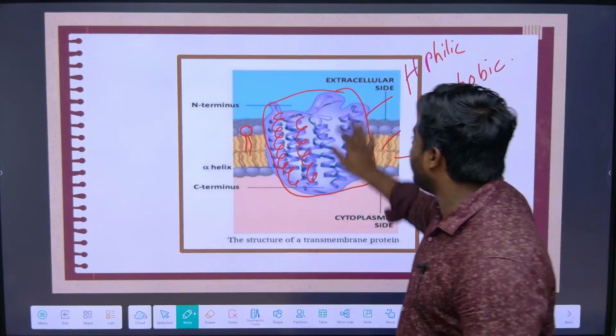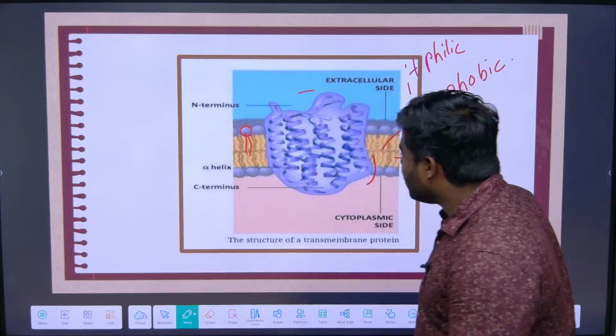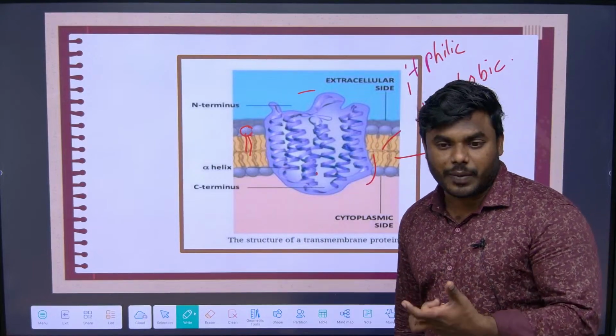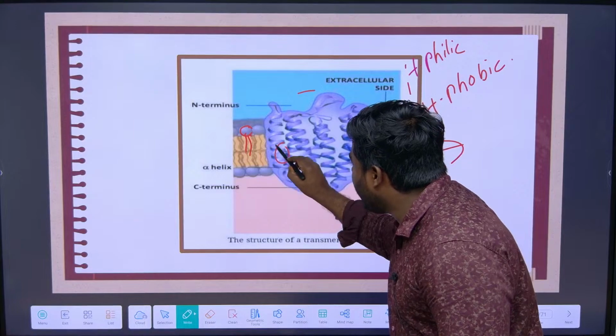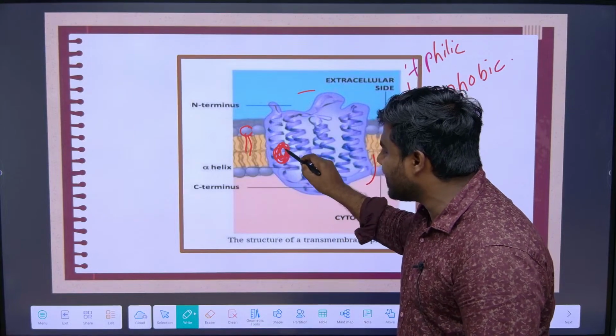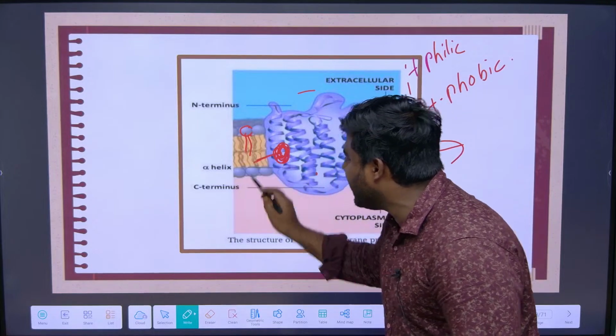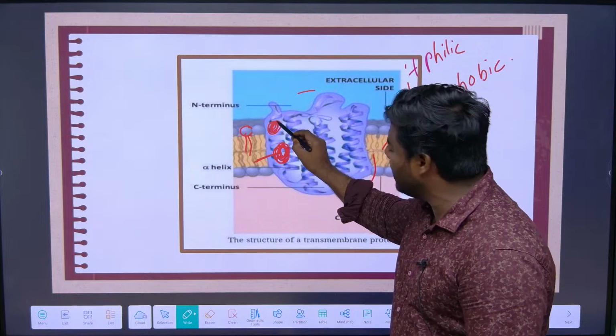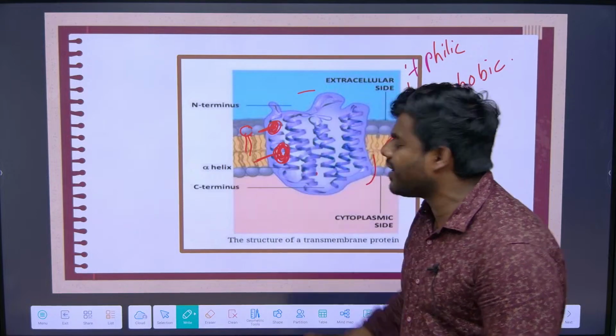Correct, na? We call them alpha helix and beta pleated structures. Now what I am trying to explain to all of you is that this integral protein is made up of both hydrophobic and hydrophilic amino acids. Hydrophobic amino acids present in this integral protein connect to the lipid bilayer. Hydrophilic amino acids present in the protein connect to the hydrophilic head.